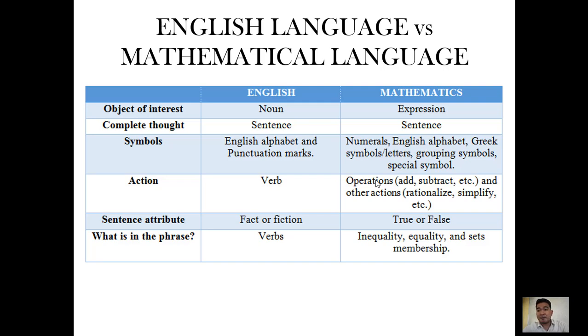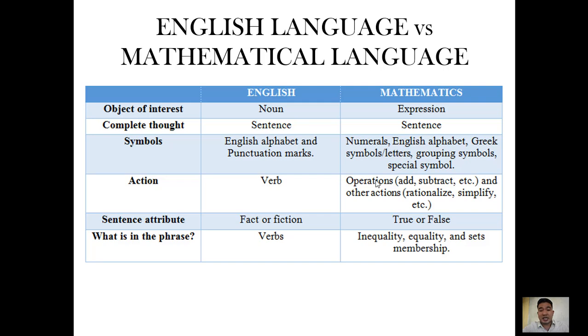Based on the table, we can see that every expression would be considered the mathematical equivalent of a noun. Therefore, an expression is a name given to an object of interest in mathematics. While we need to think about people, places, and things in English, mathematics has a lot of different objects of interest.